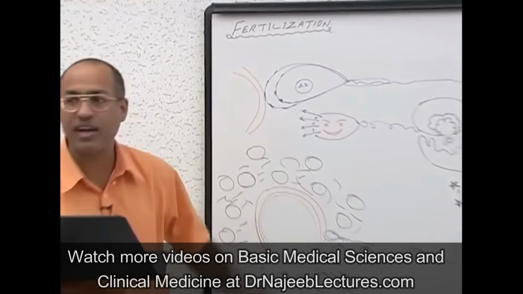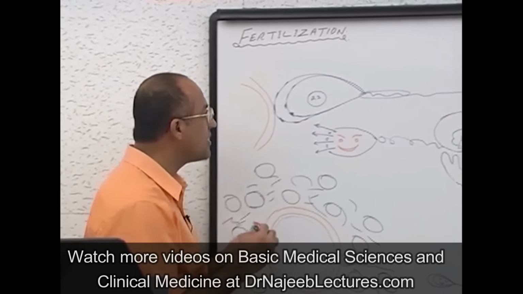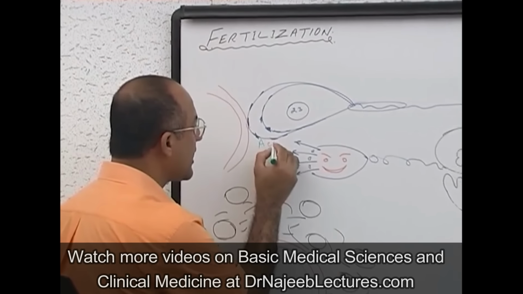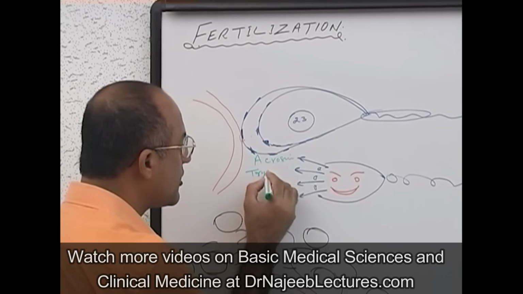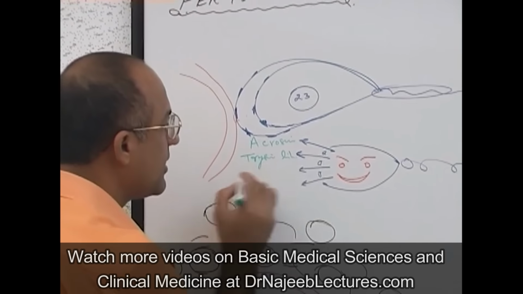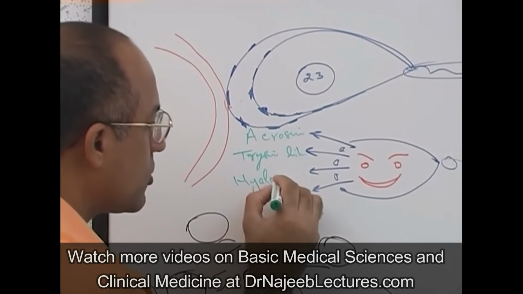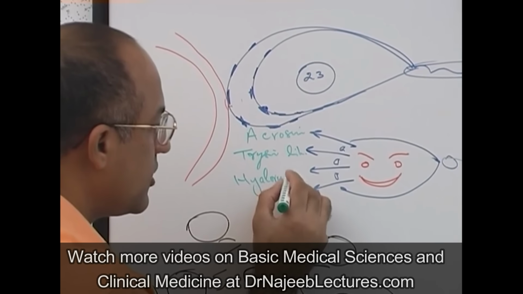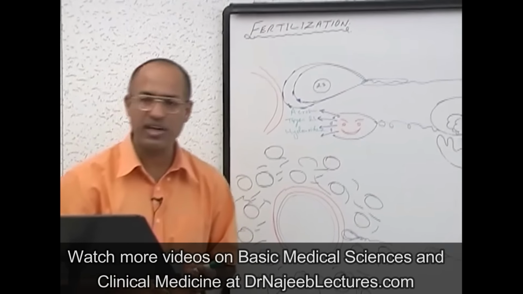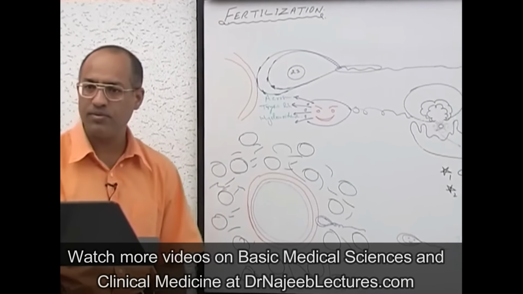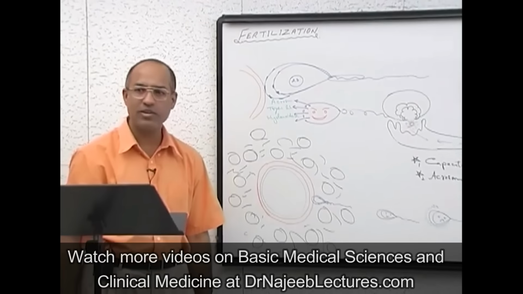These are different types of enzymes to digest away the zona pellucida. These enzymes are acrosin, or some trypsin-like substance, or hyaluronidases. All these enzymes work together and help in the digestion of the zona pellucida.